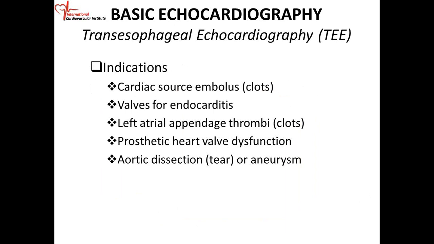So if the patient had a stroke, CVA, and you don't know where it came from and we deem it to be an embolic stroke, that is a blood clot traveling from somewhere and going to one of the blood vessels in the brain. If we can't readily identify where it's coming from, then the heart is usually one of the sources for blood clots. So you'll do a transesophageal echo to look at the inside of the heart closely to see if there are any thrombus clots.